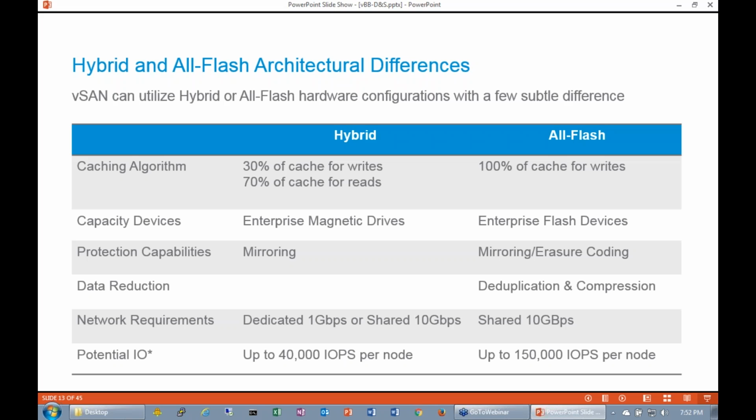Now, if I have 3 hosts with 1 disk group each, then I'm essentially deduplicating and compressing in 3 different locations. Depending on your workload, if I have, let's say, a development SQL farm, with tons of SQL with all the same data, and copies and copies and copies, I'm probably going to get a really good deduplication ratio, right? I mean, that's just the way that goes.